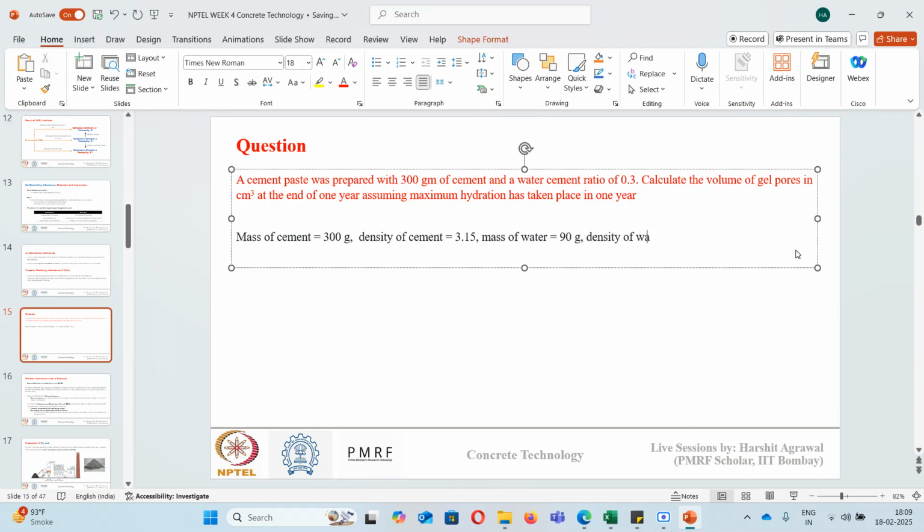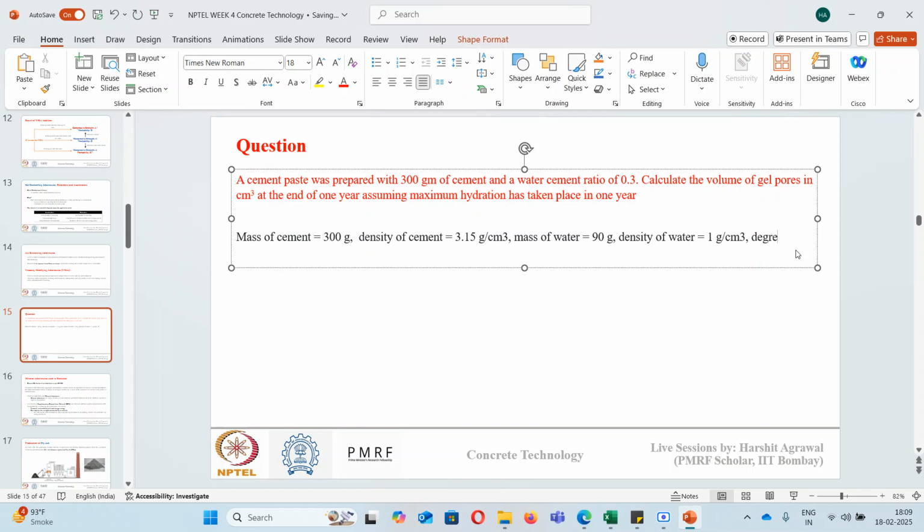Density of water is equal to 1. This is specific gravity. Okay, sorry, I should have said, you can understand as 3.15 gram per centimeter cube. You can write here density, and here I will write 1 gram per centimeter cube for water.